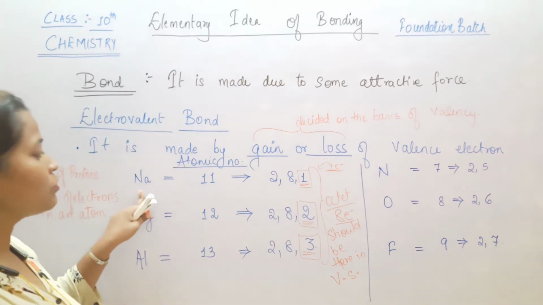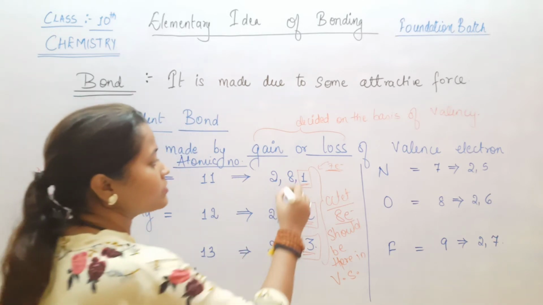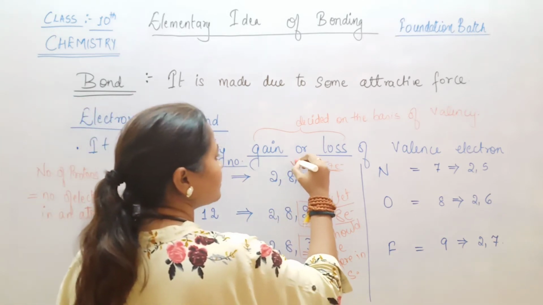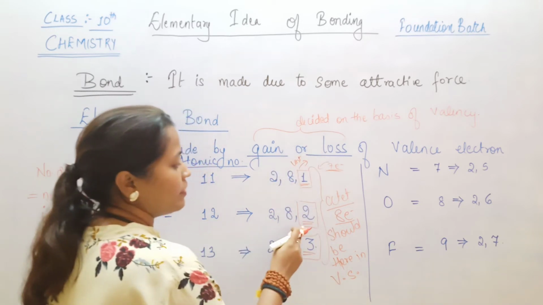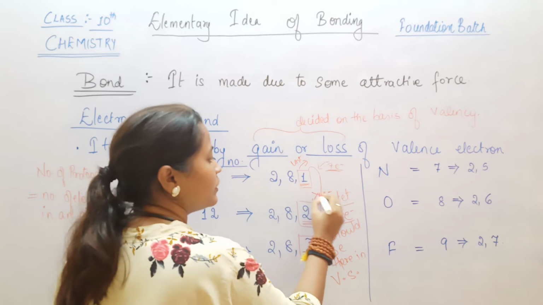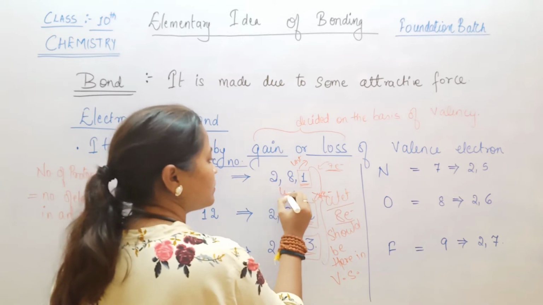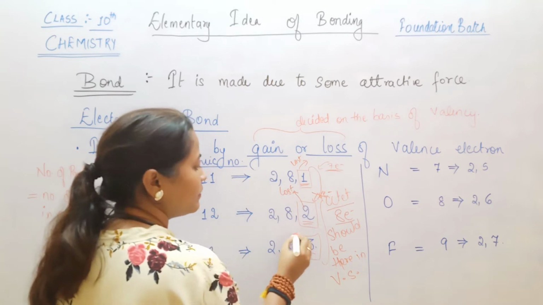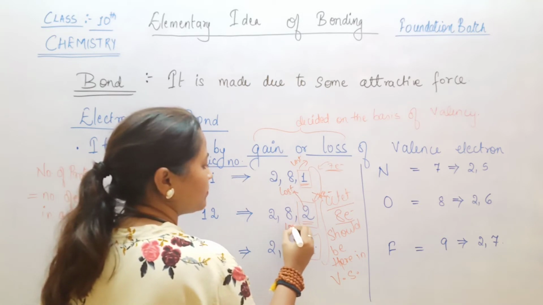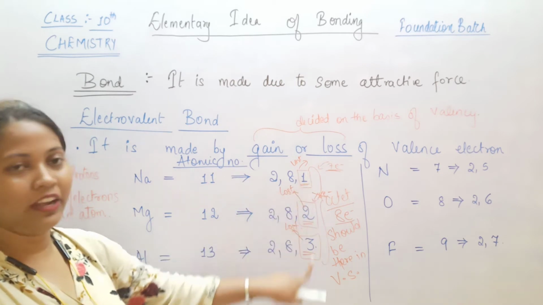So what this sodium is going to do, it will lose these electrons. In the same way, यहाँ पे 6 इलेक्ट्रॉन लगेगा. So instead of doing this, these are lost, and in the same way these are lost. And that is why I said कि ये extra electrons हैं.